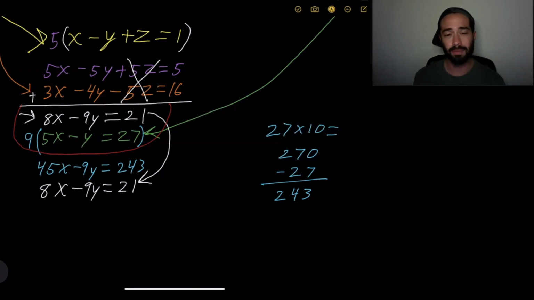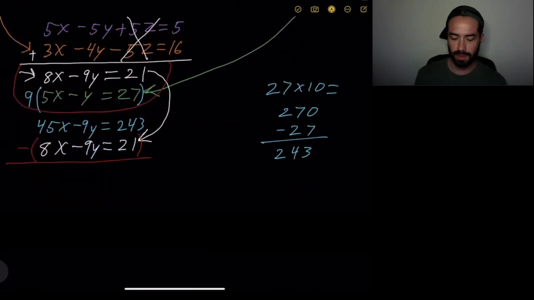That means I have to subtract everything, because if I subtract them, then they will cancel out. All right, so let's subtract one at a time. We have 45x minus 8x. Well, that is 37x. Then we have negative 9y minus 9y.